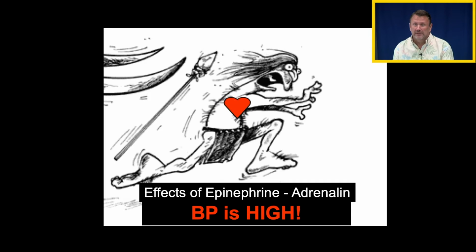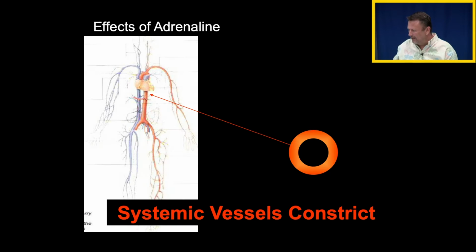All right, well, what else is going on besides this fast heart rate and strong heartbeat? Well, his blood pressure is sky high. Why? Because epinephrine affects alpha receptors in the systemic blood vessels.